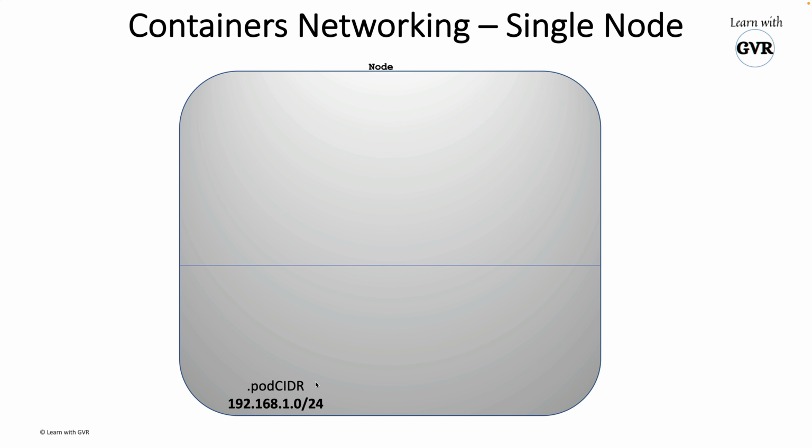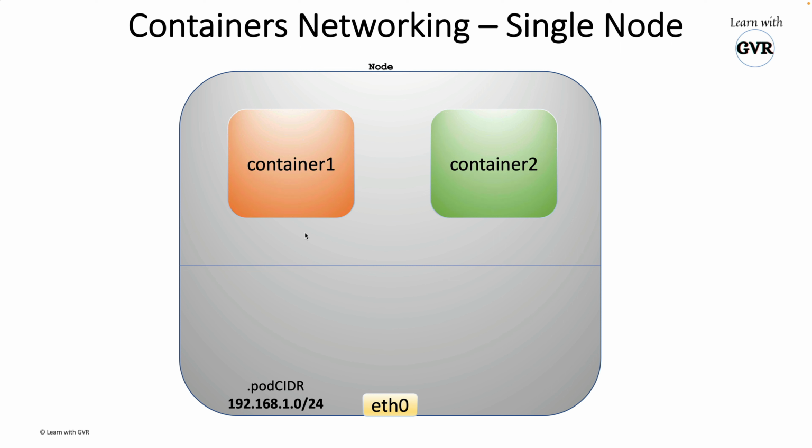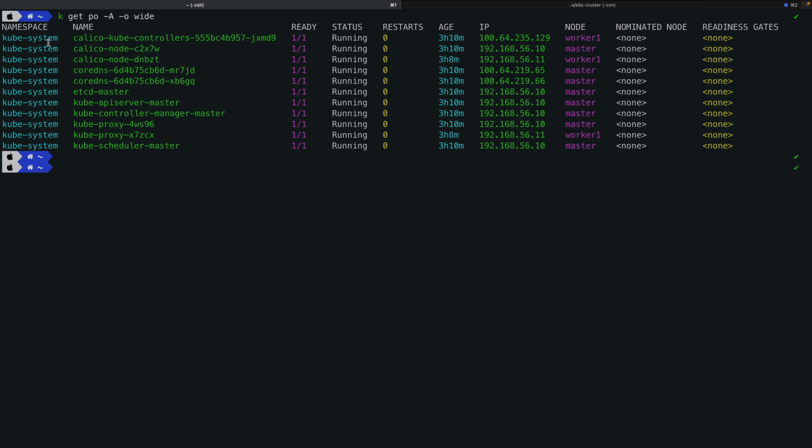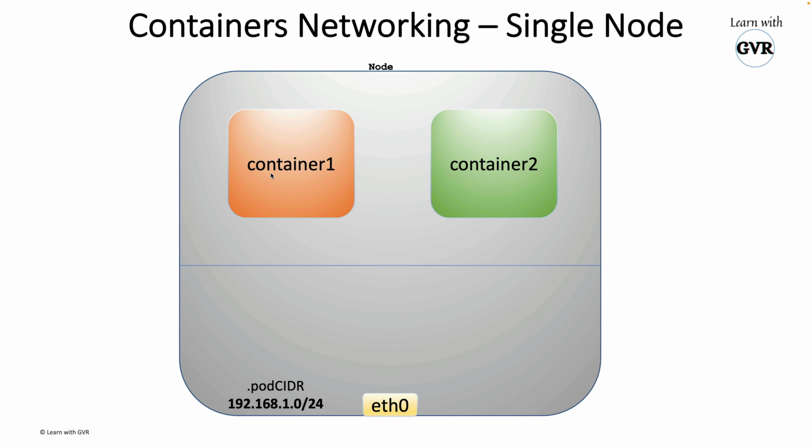This is some number, some CIDR range, and of course the host network will have an eth0 interface, and you have 2 different containers in the same single node, right? It's possible. So you can write kubectl run nginx with 2 replicas, something like that, maybe 2 different containers, right?